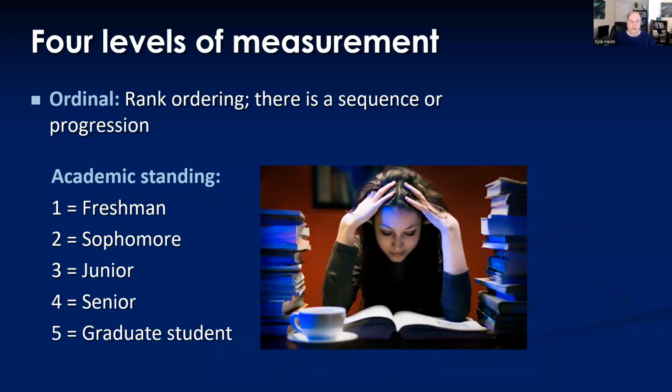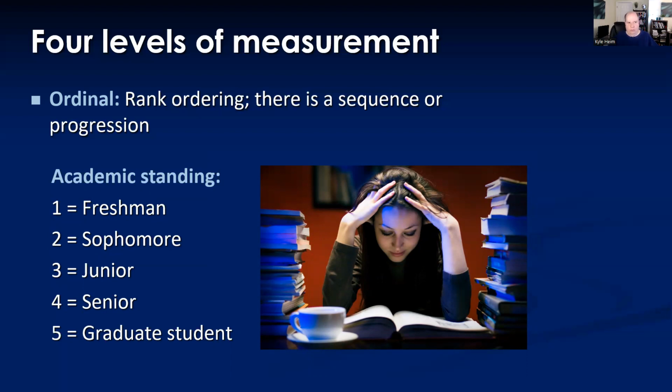Freshman, sophomore, junior, senior, or grad student. We know that someone who's a grad student has completed more education than someone who is a senior or a junior, but we don't necessarily know exactly how much more, how many more credits, or how many more years, but we know it's more. We know that there is a sequence or an order to it.